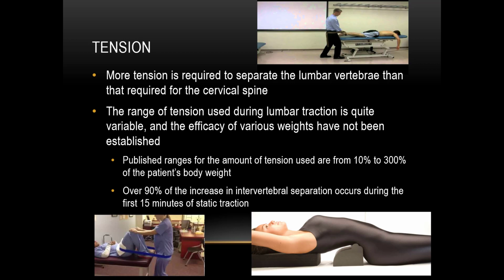Among the published literature, tension ranges varied greatly from 10% to 300% of the patient's body weight. Research has established that approximately 90% of the increase in intervertebral separation occurs during the first 15 minutes of static traction, which may help us as clinicians to guide our practice.